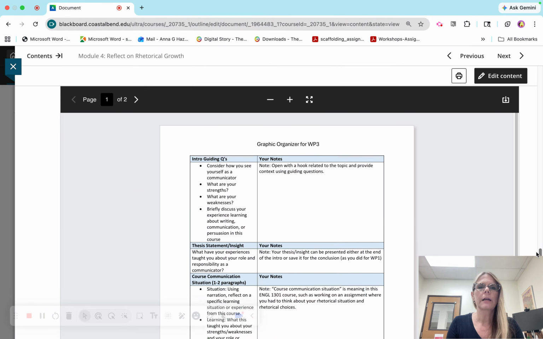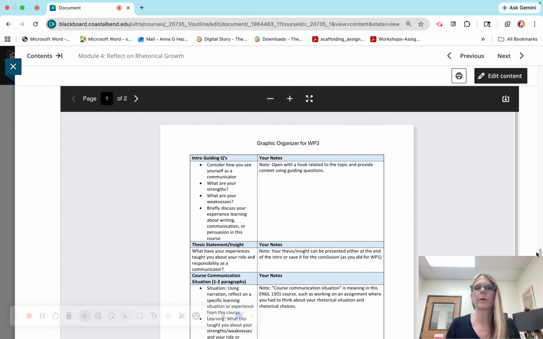I made it how I usually make the graphic organizers, where there are some instructions and guiding questions on the left, and then some notes on the right. I made some notes too to guide you. The difference with this one is that I organized it more like the structure of an essay. You could actually use this as an outline in addition to a content generator.